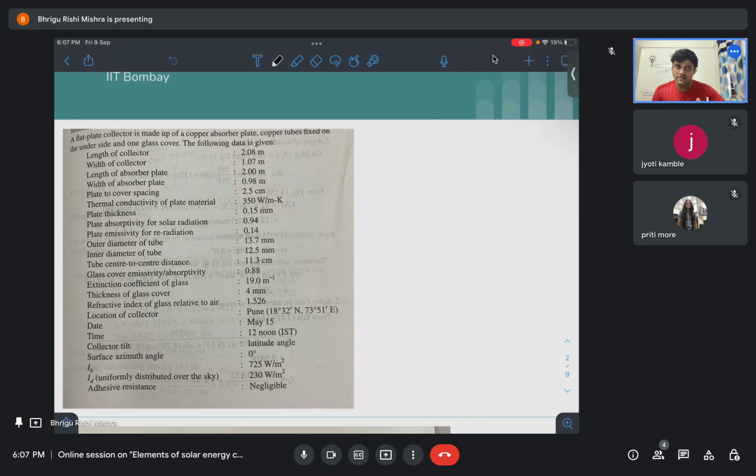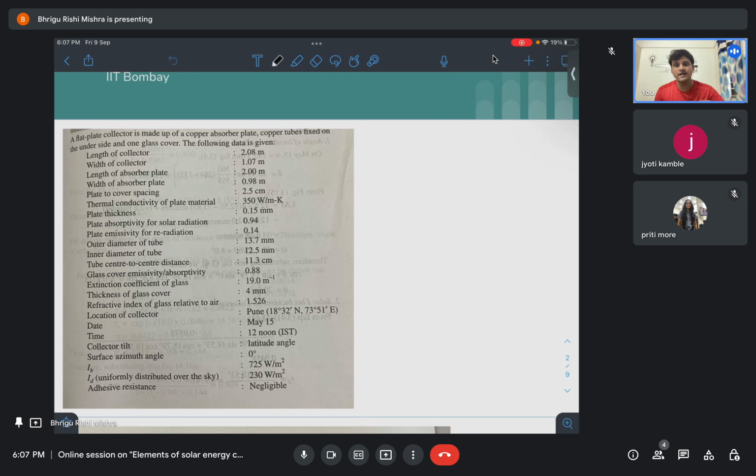In week 6 and week 7 we have talked about the flat plate collector and its properties, and how to calculate the useful heat gain. I think this question covers everything we have learned till now: calculation of incidence angle, total radiation incident on the flat plate collector, the absorbed solar radiation, and the flat plate components.